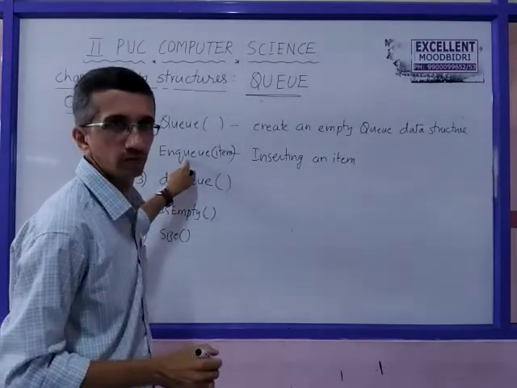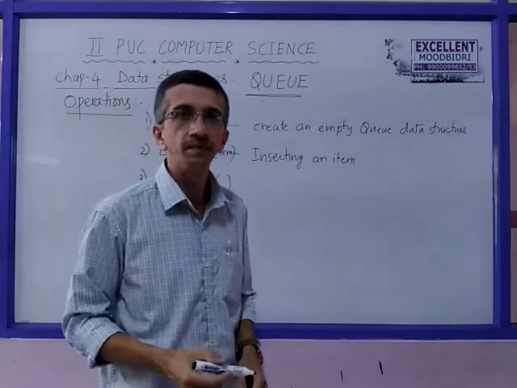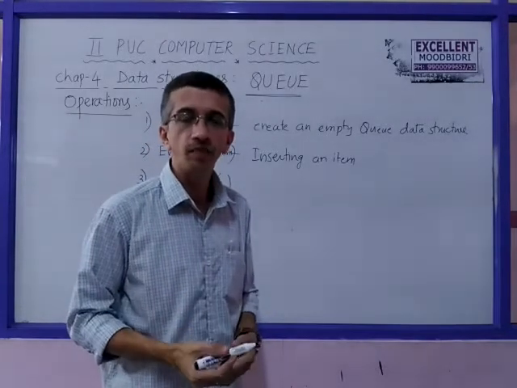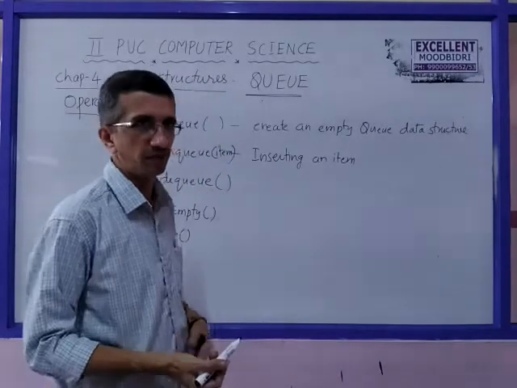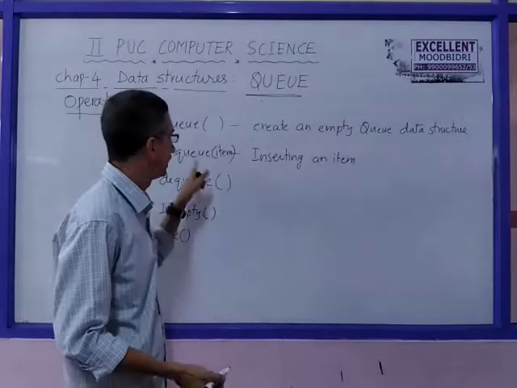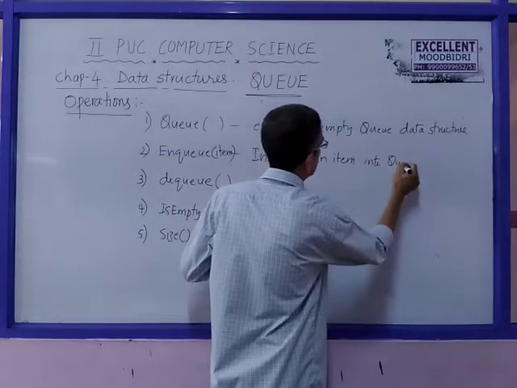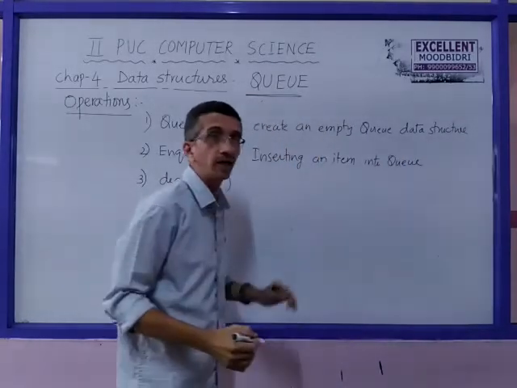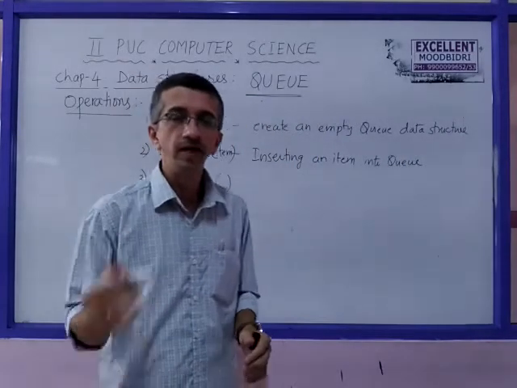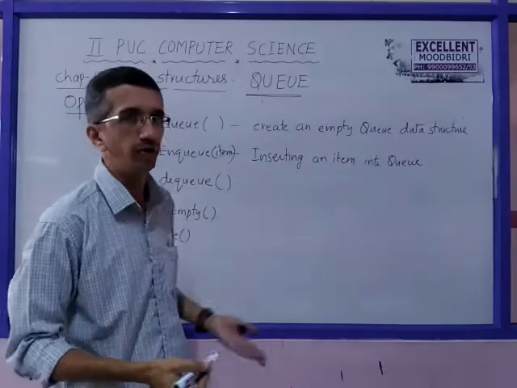Sometimes the question may also appear like explain NQ and DQ operations using algorithms, say insertion and deletion. Next we are going to study those algorithms. NQ, inserting an item into the queue. Here the queue gets modified. When we add one more item into the queue, the number of items increases, so the queue gets modified.